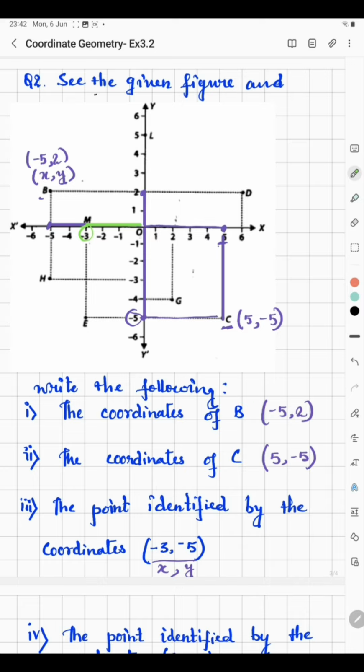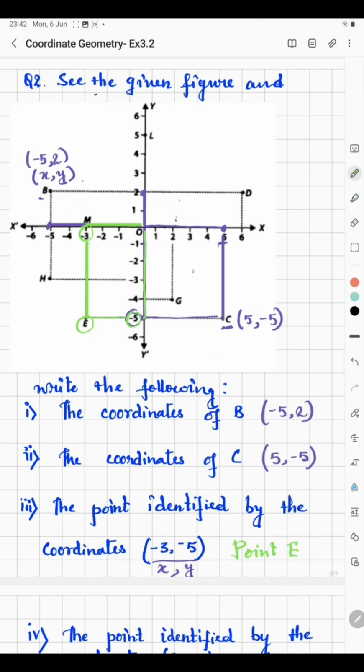For finding -5 we will go towards the y-axis. So -5 is here, and if you draw the perpendicular line from -5 and -3, the two lines meet at point E, right? So the point identified by the coordinate -3, -5 will be point E.